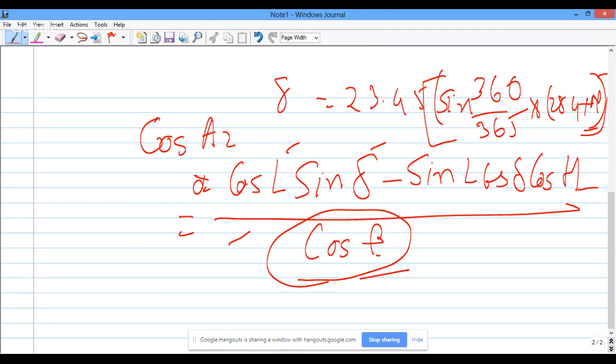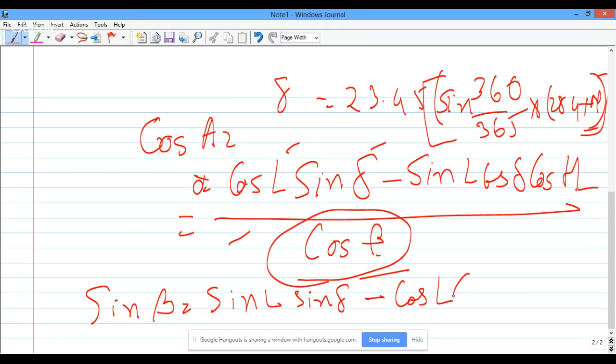So first find out delta, latitude is known, hour angle is known, then you have to find out the altitude angle. And altitude angle is given by this formula: sine of altitude angle beta equals sine latitude sine declination, minus cos latitude cos declination cos of hour angle.